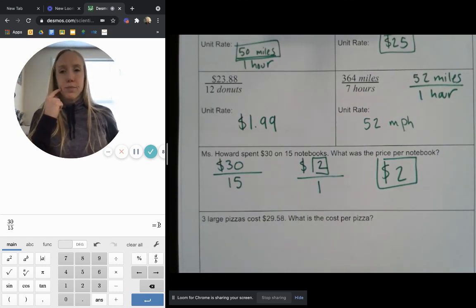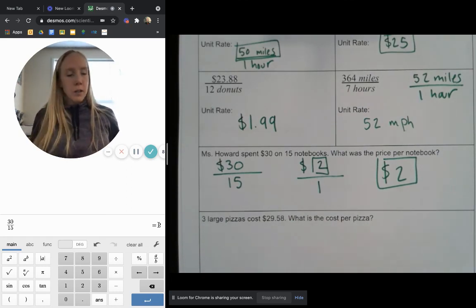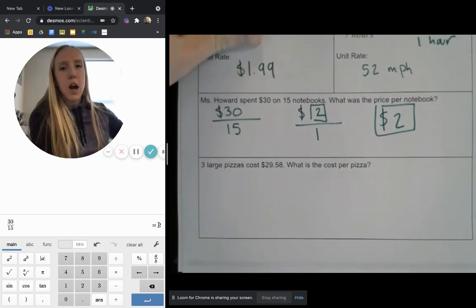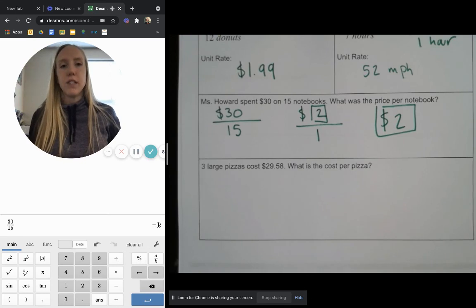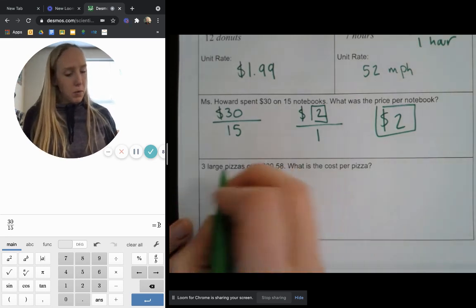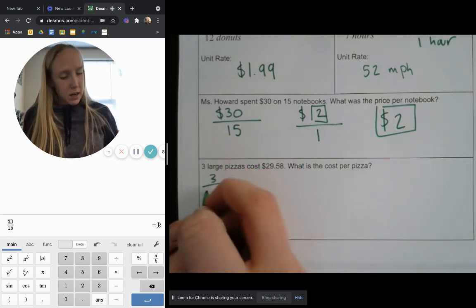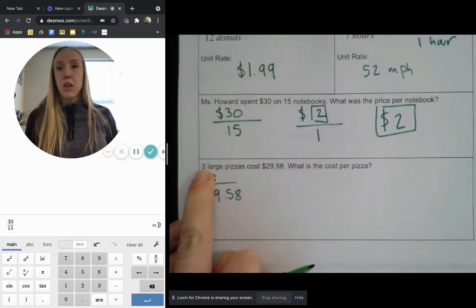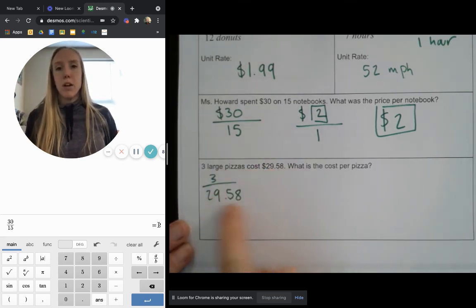Okay. Next one. 3 large pizzas cost $29.58. What is the cost per pizza? So don't be fooled by this. Some people would want to set up their fraction like this because they see the 3 first, so they put it on top, and then they see the number, and then they put it on bottom.